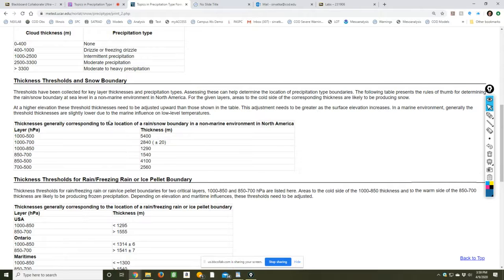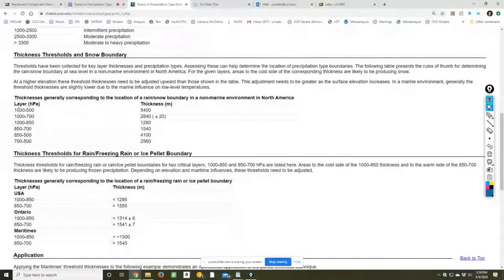So we start looking at various layers of the atmosphere, and the most common one, and the one that I want you to know, is this 1,000 to 500 millibar thickness. So we're saying 1,000 millibars near the ground, 500 millibars up here. If the thickness of this layer is 5,400 meters, then that's the rain-snow line.